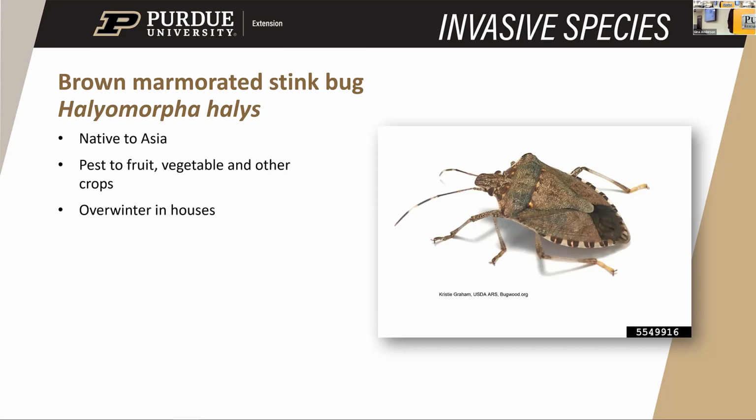So again, one that was hanging around for a while before it was ever spotted. It's found in 44 states and 4 Canadian provinces as of 2019. So it was identified in 2001, but they believe it was accidentally introduced in the late 90s.